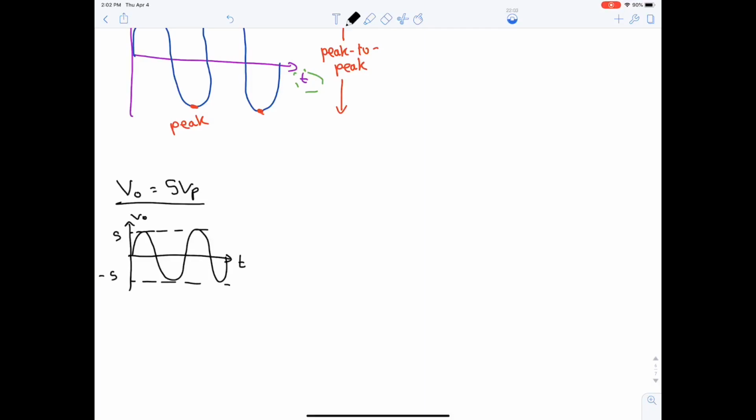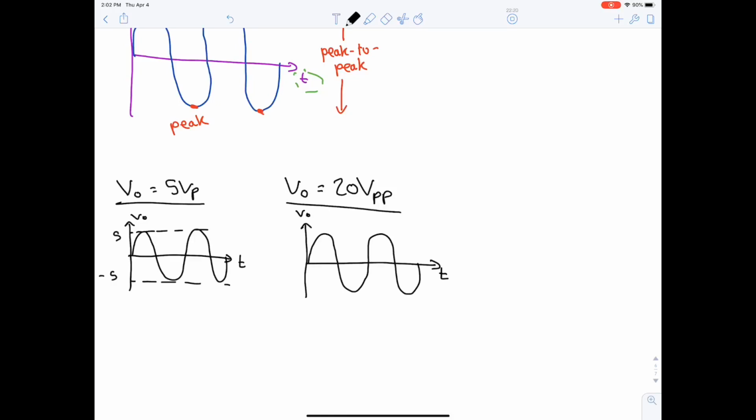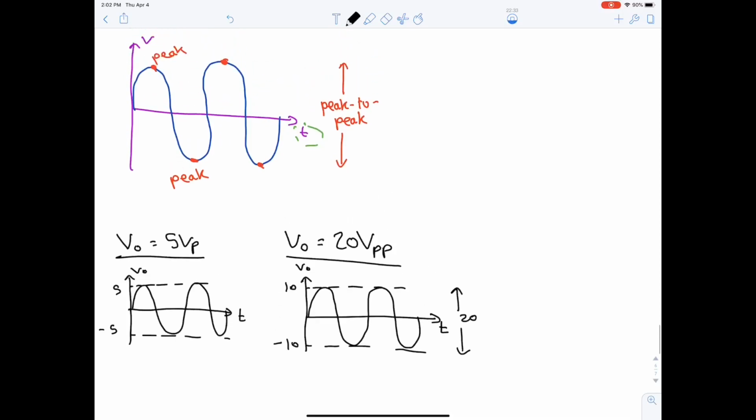Okay, this is my signal. But if they ask us to draw V output equal to 20-volt peak to peak, then we need to put 10 on the positive peak and -10 on the negative peak, so that the distance between them is 20. Okay, I hope it's clear now.